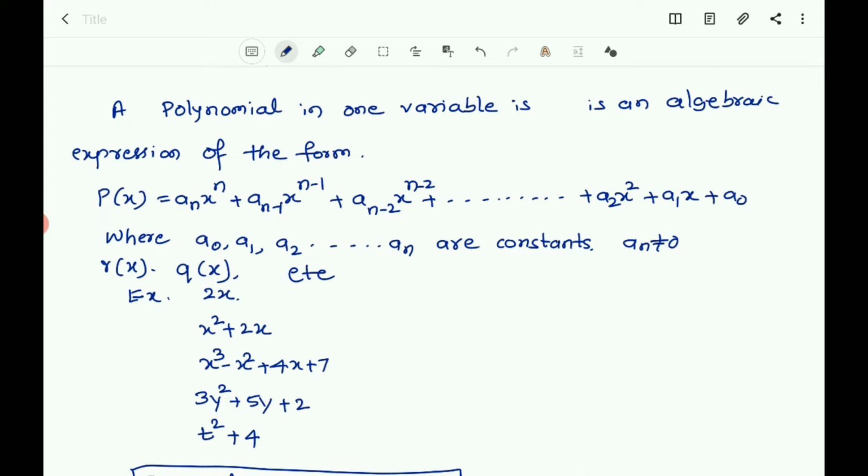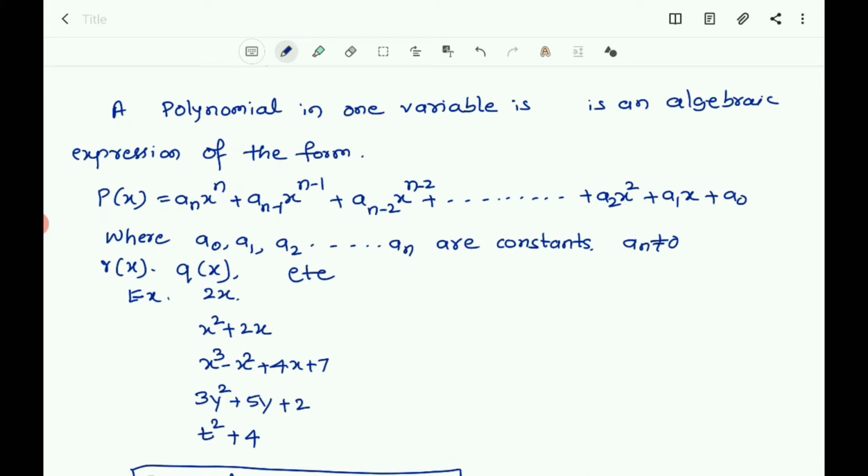An is not equal to 0, and in the place of p of x, you can write r of x also, q of x also, etc. So that is the symbol for the polynomial in x. It may be p of x or r of x or q of x.